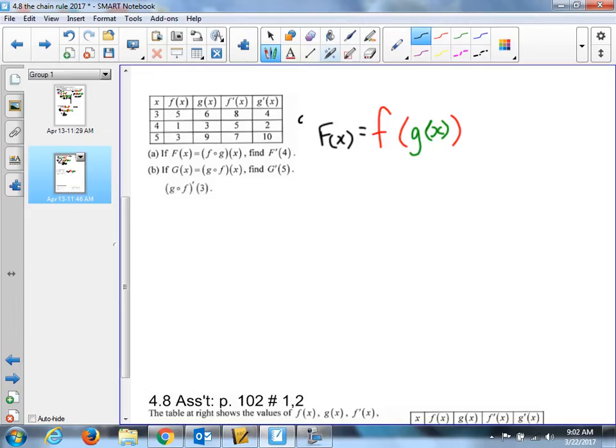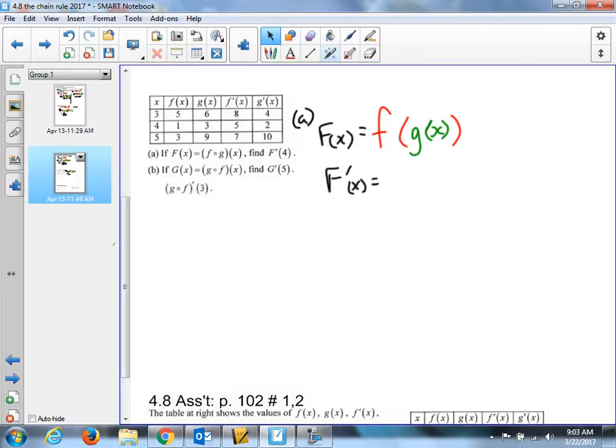So I'm doing it. Well, first we've got to find what F prime of x is. We just apply the rule to this, basically. It's no different than the other one. So the derivative of the expression is, what's the derivative of the outer function called?